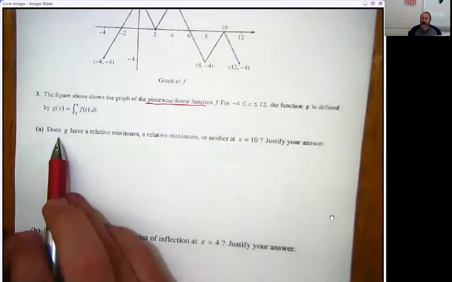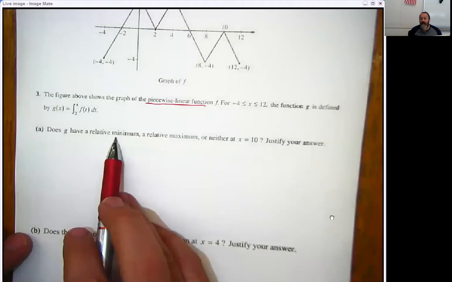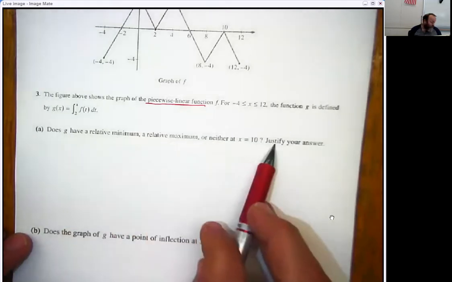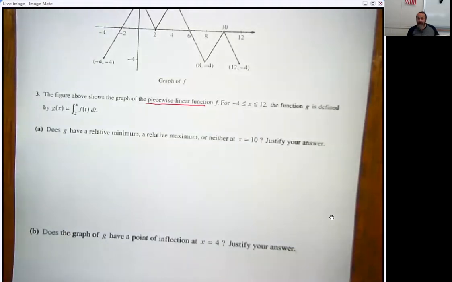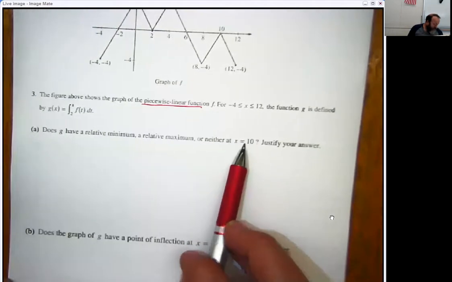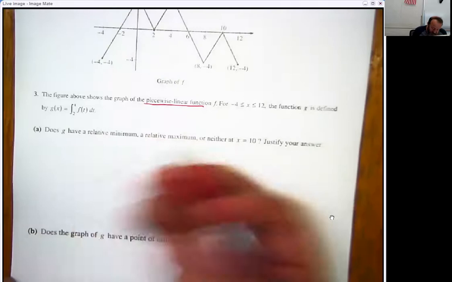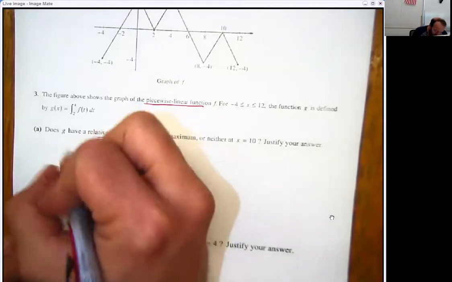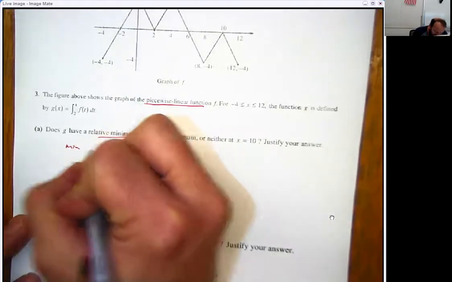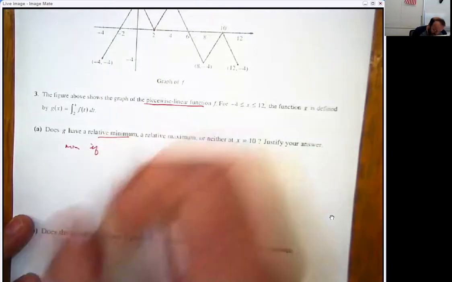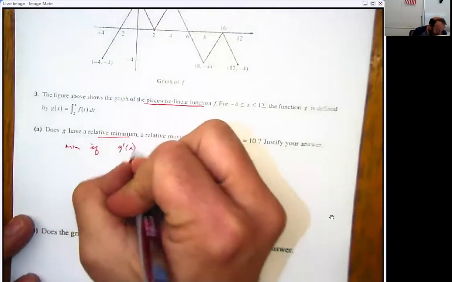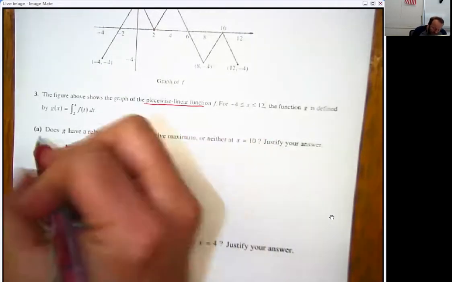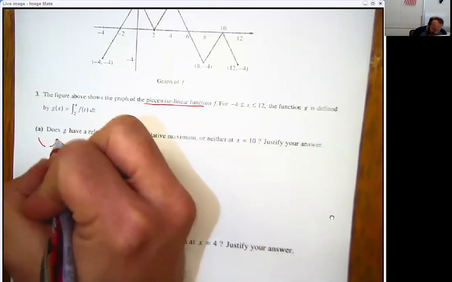So it says, does g have a relative minimum or relative maximum or neither at x equals 10? So the question is what does it mean to have a minimum? A minimum would be decreasing followed by increasing.